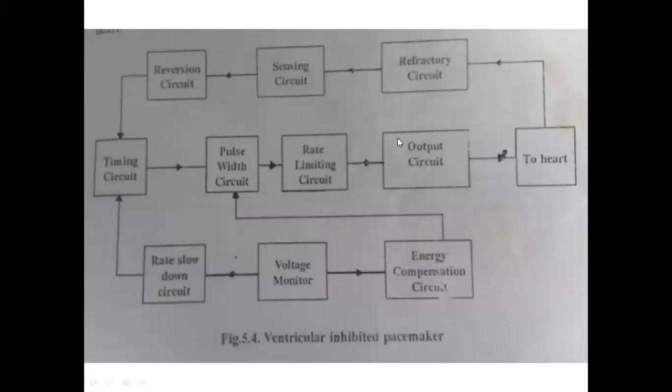The block diagram of the inhibited pacemaker is shown here. It mainly consists of the pulse width circuit, rate limiting circuit, output circuit, and then the heart.